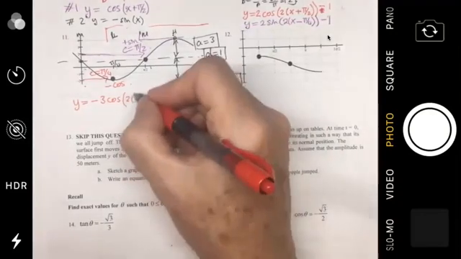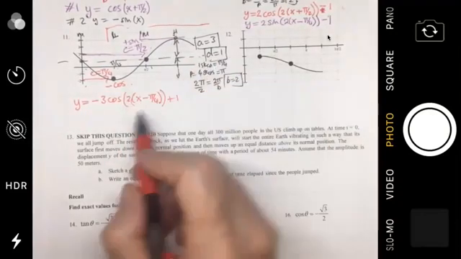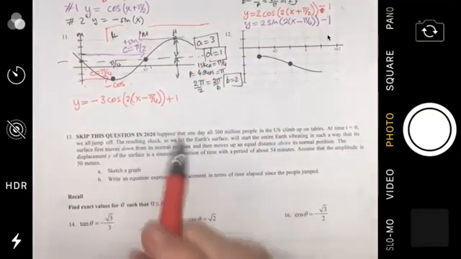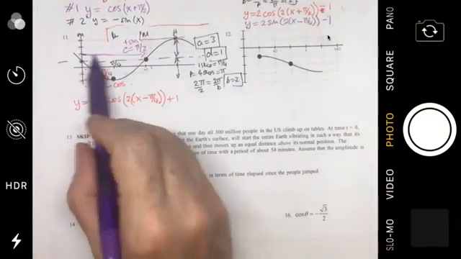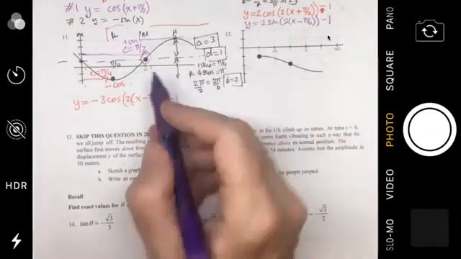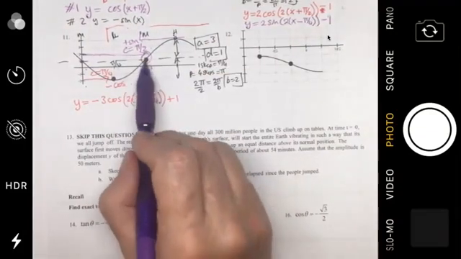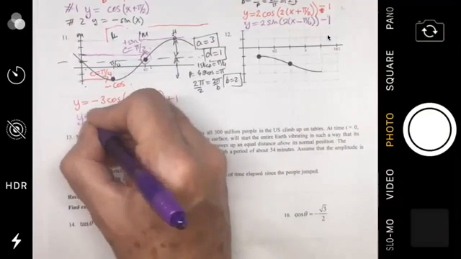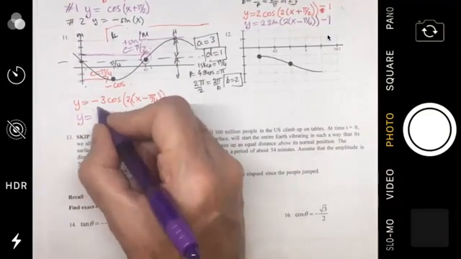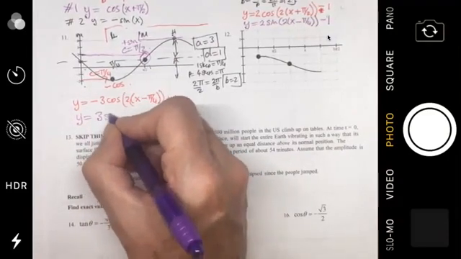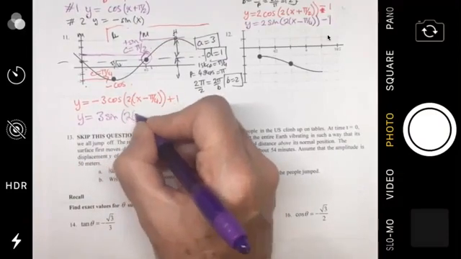Do not bother distributing that. Leave it with all those parentheses. That's graphing form. Then for the purple one, starting here, this was the beginning of a positive sine. So it's going to be y equals just positive 3 sine of 2 times x.